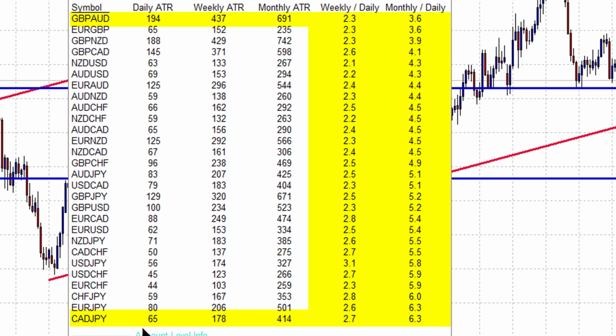If we look at the CAD yen, for instance, you say the daily range is 65, but the monthly range is 400. So in other words, there are 6.3 daily ranges in the monthly range. So that is a much more trendy type of currency, and certainly not a sideways currency as we discussed earlier.